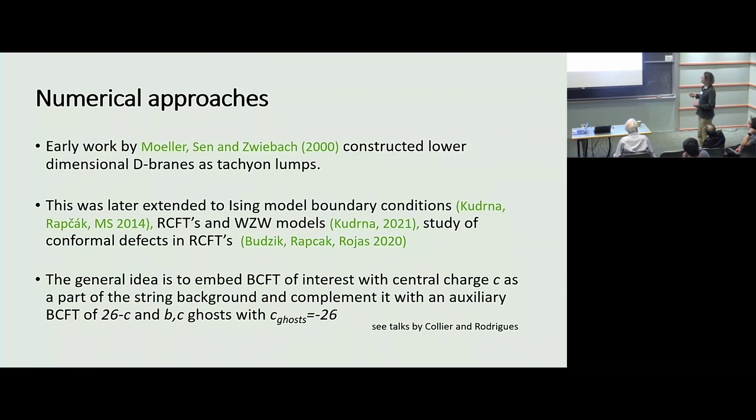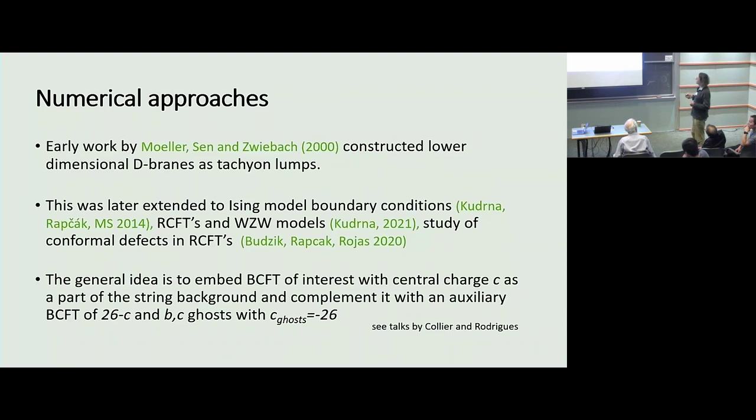From string field theory, we also discovered that it's possible to construct solutions of higher g-function. So solutions which are not necessarily constructed by tachyon condensation, by relevant flows. In some sense, they correspond to irrelevant flows, but string field theory still knows about them.